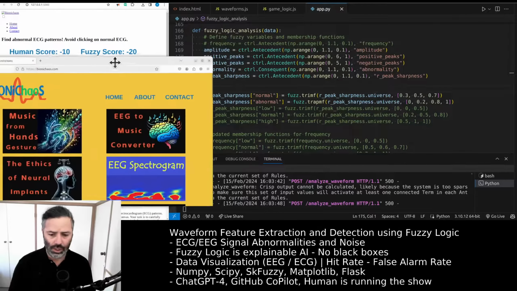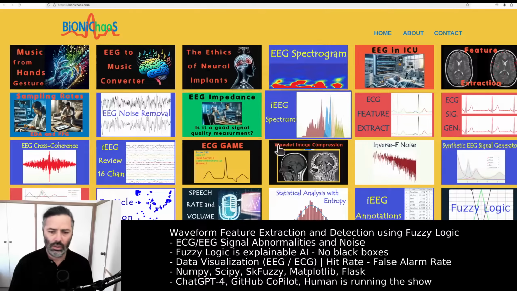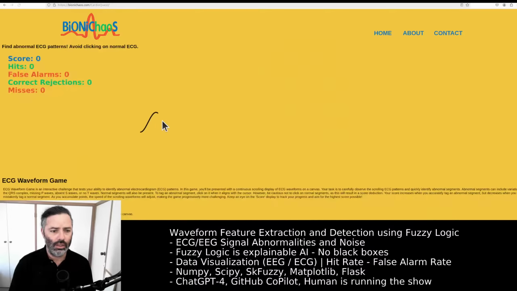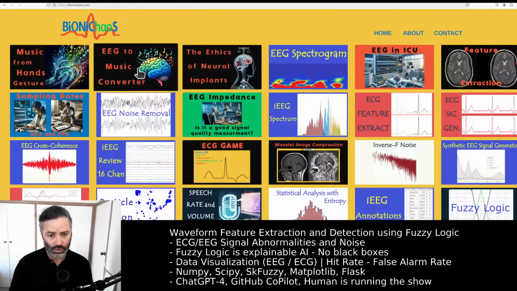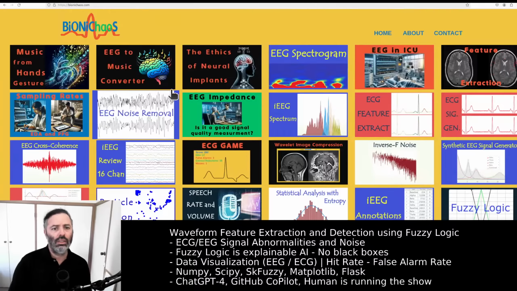Go check it out if you haven't done so already. It's over here, you can play with it. That's human alone and has no noise options. So currently we are adding fuzzy logic features to it.